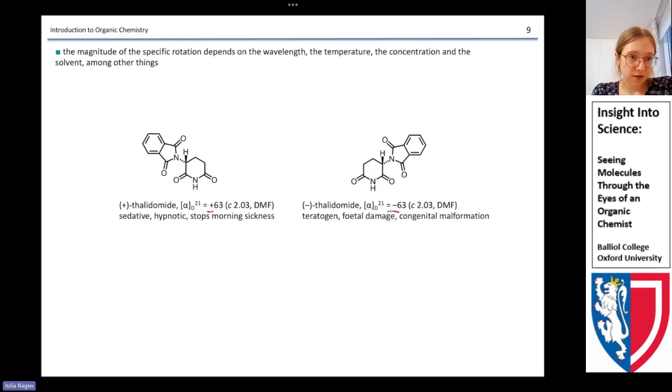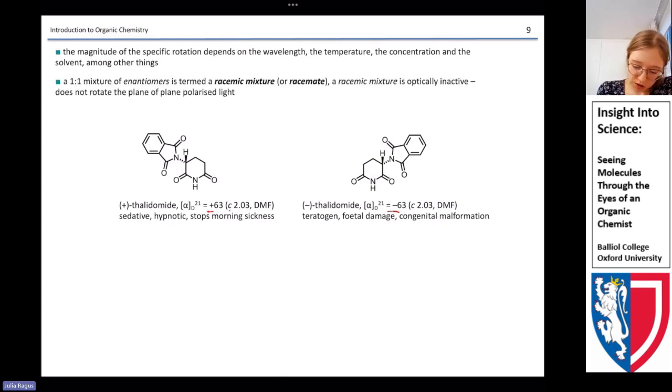What happens if you mix those together? You can see the same concentration, but just a different sign over here and here. So if you mix a one-to-one mixture of those compounds, you will get a mixture that's called a racemic mixture or racemate.